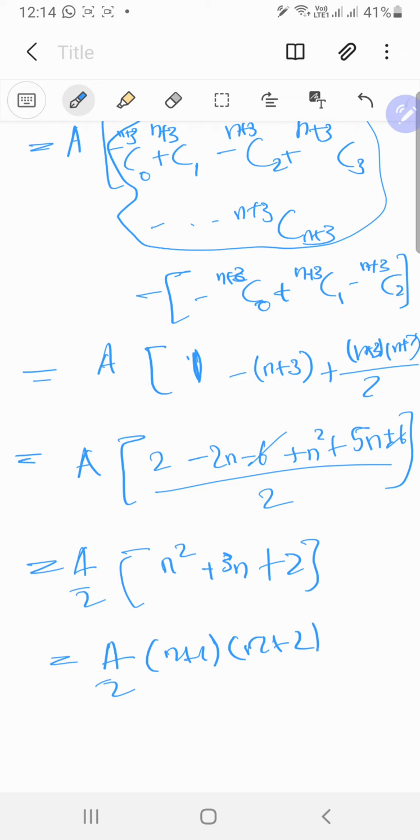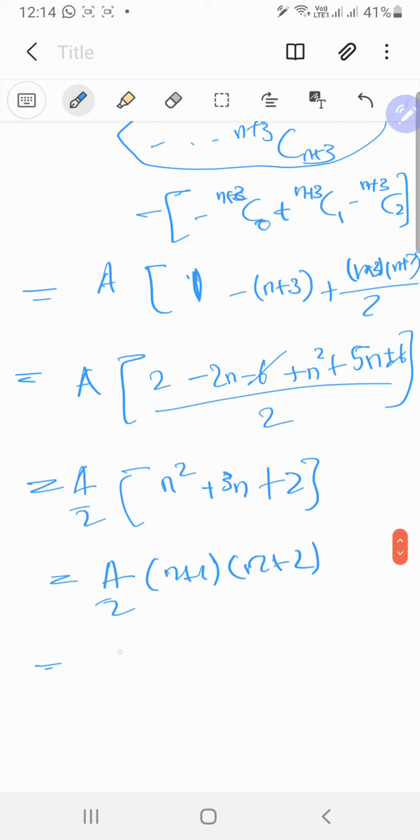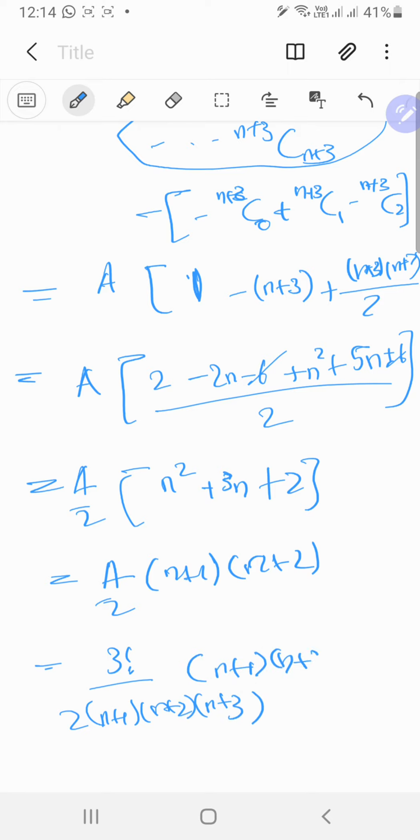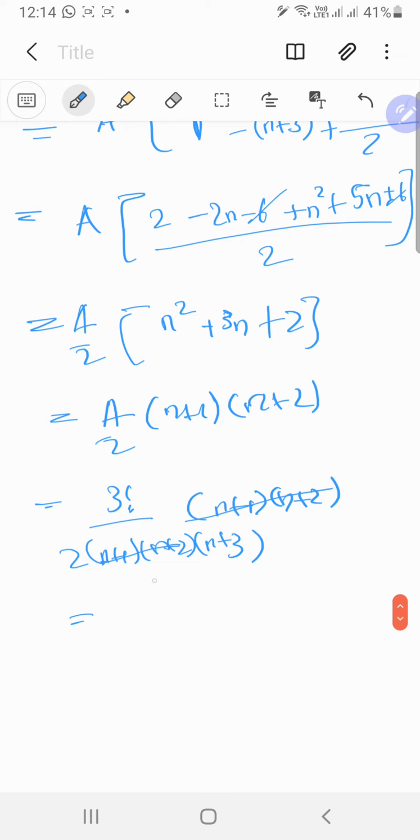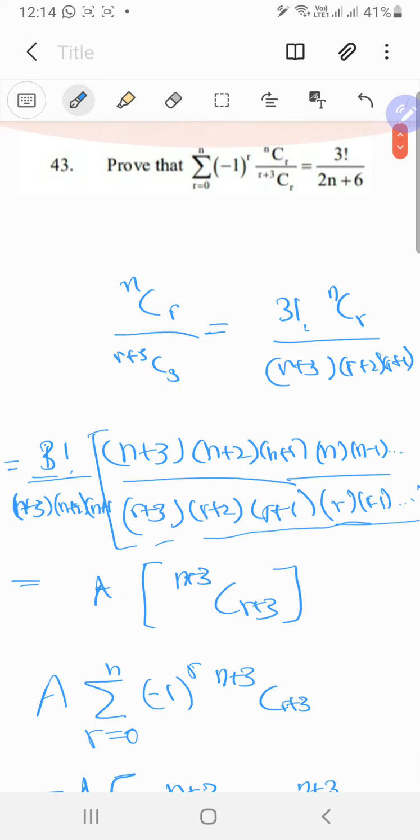Guess what? a also has some of those terms: 3 factorial upon 2 into n+1 into n+2 into n+3, and that thing into n+1 into n+2 cancels with that thing. So it's just 3 factorial upon 2n+6. Is that what we wanted? Yes, that's exactly what we wanted. So that's it. This question is also done. I will see you in the next one.